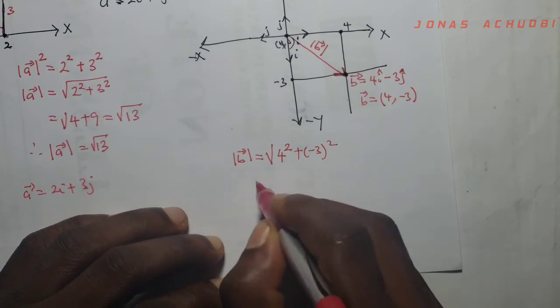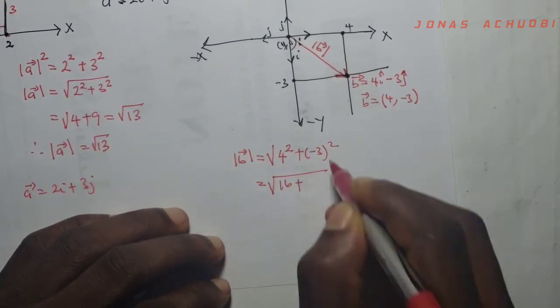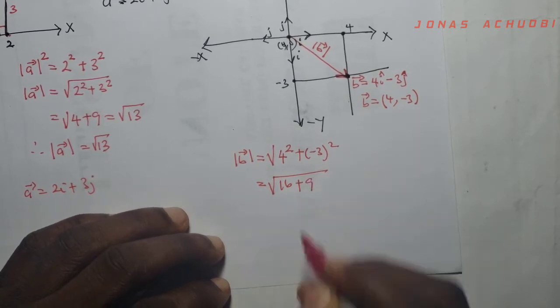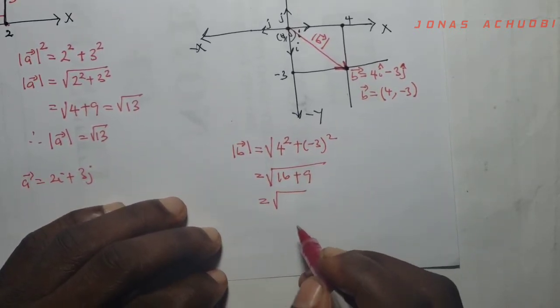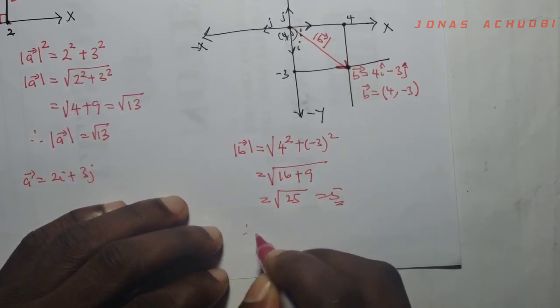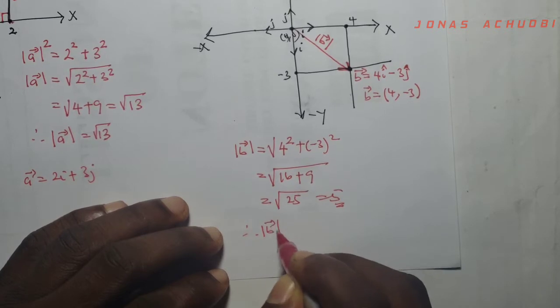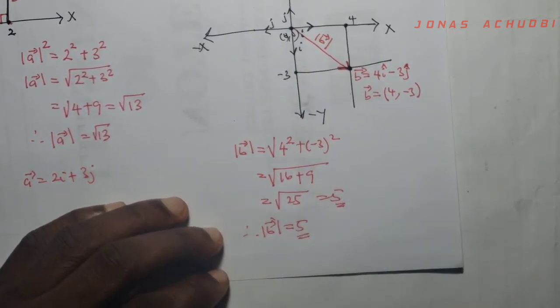If we compute this, 4 squared is 16 plus 3 squared is 9, so that becomes the square root of 16 plus 9, which is 25. That is equal to 5. Therefore, the magnitude, the length, or the modulus of vector B is just 5.